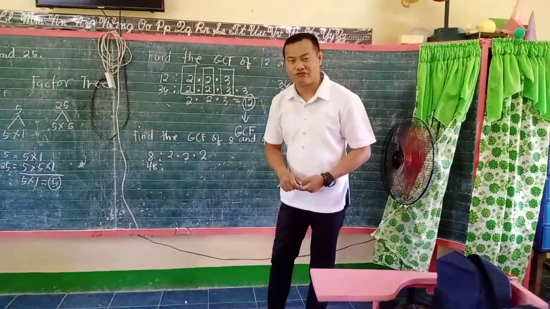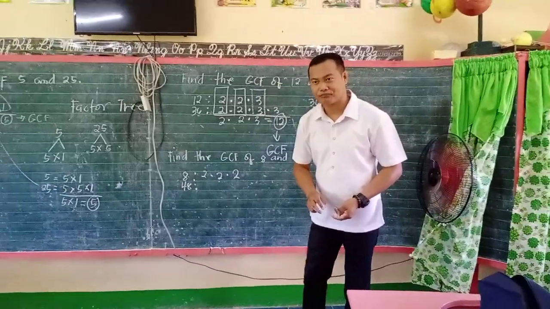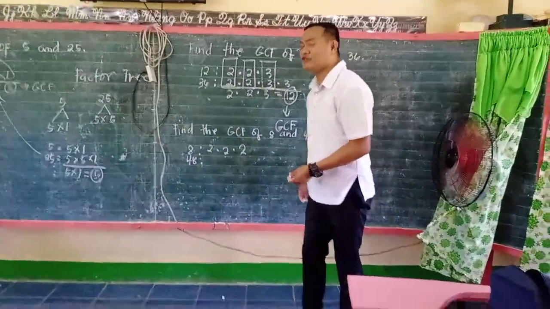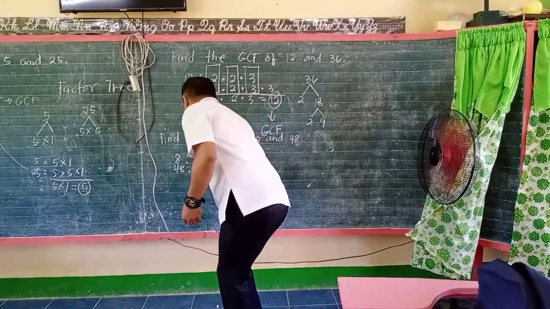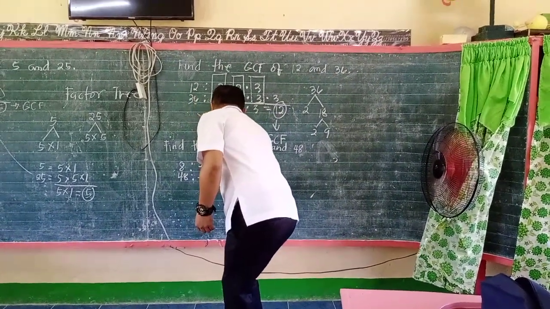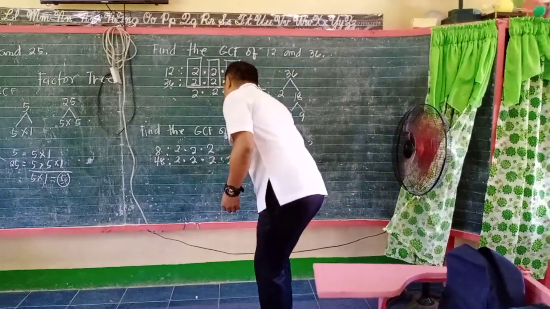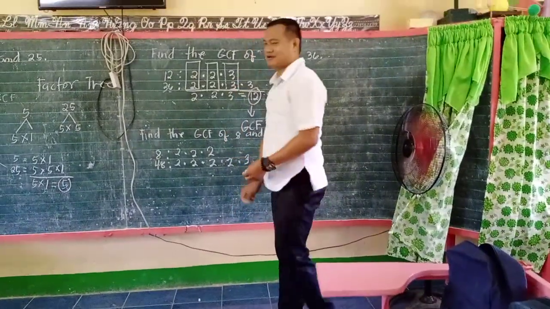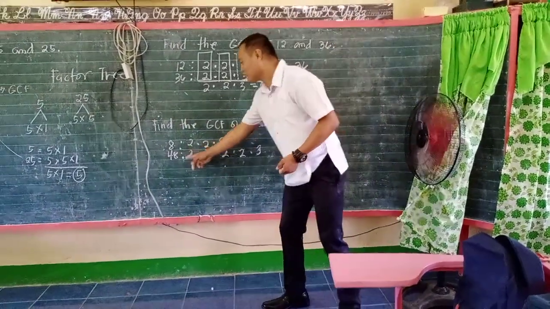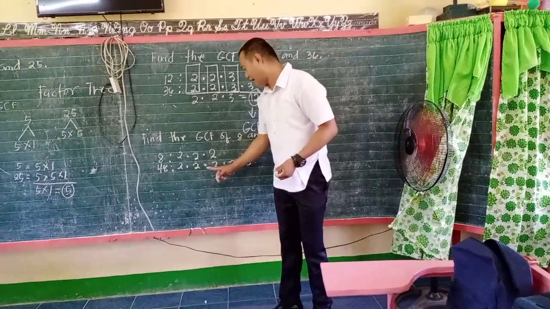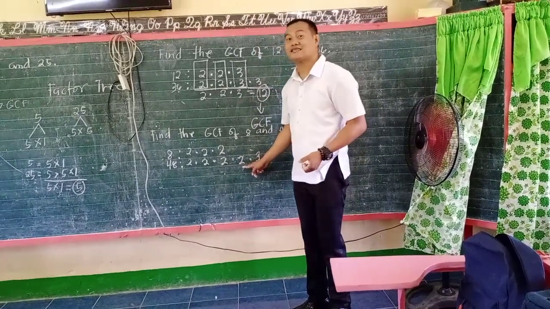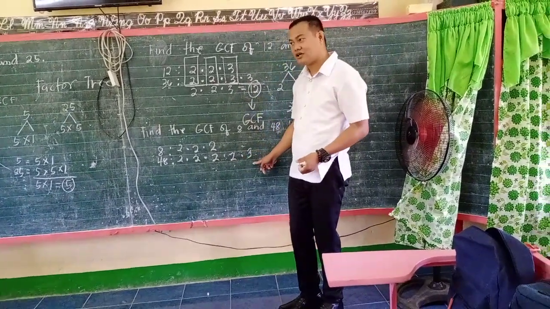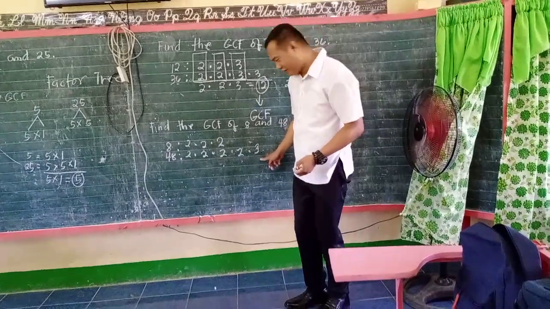Can you think of the prime factors of 48? We have 2 times 2 times 2 times 2 times 3. Let's check. 2 times 2, 4 times 2 is 8, times 2 is 16, times 3 is 48.